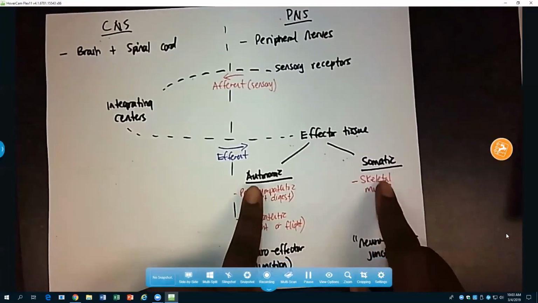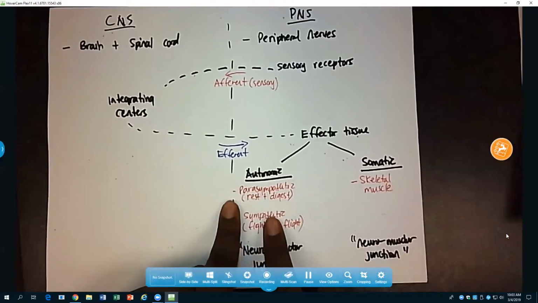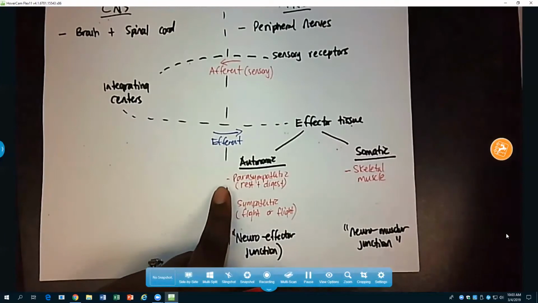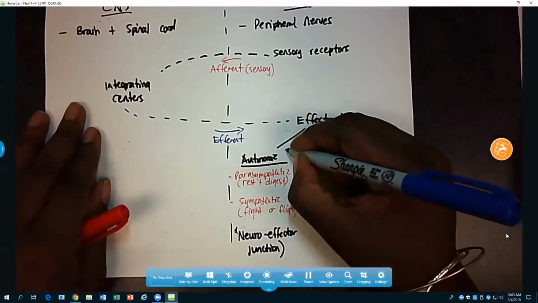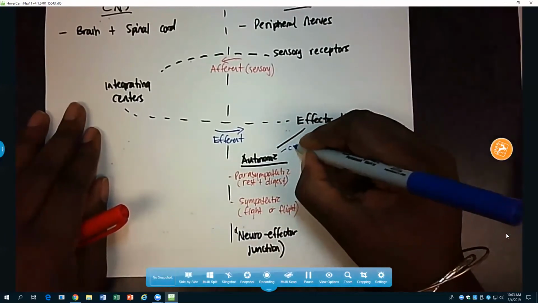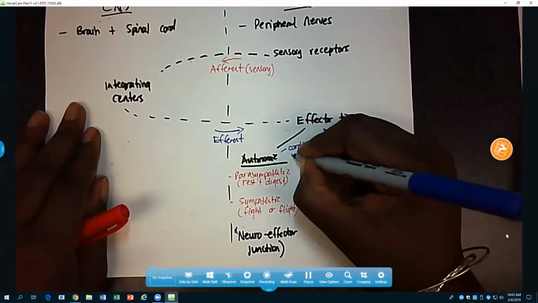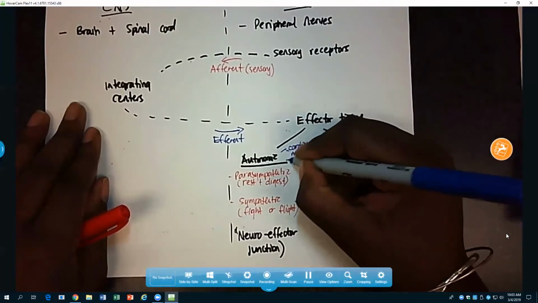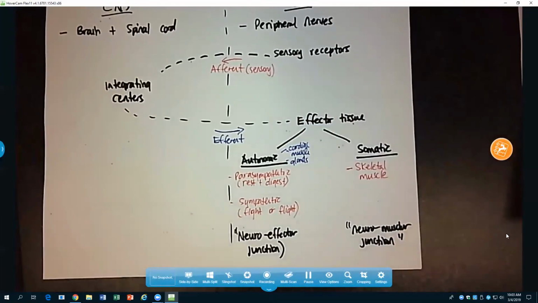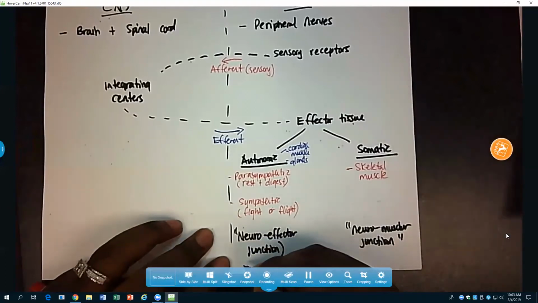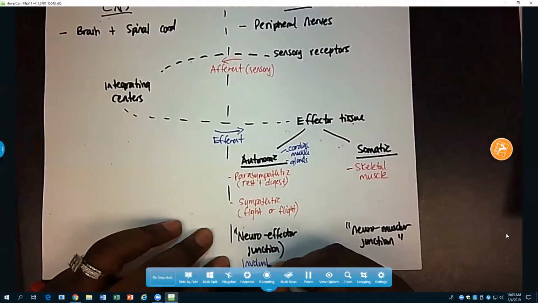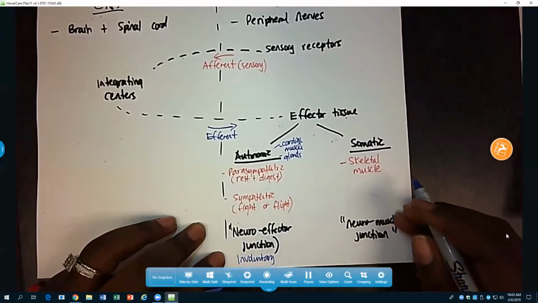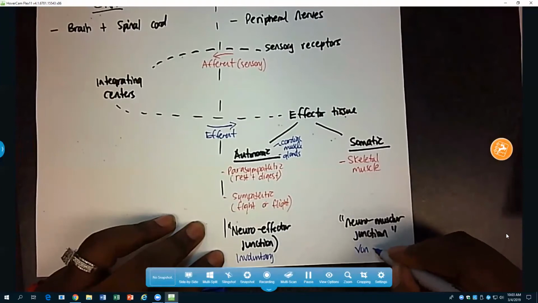We have two types of effector tissues: the autonomic effector tissues, which are cardiac muscle, glands, etc., and would be skeletal muscle on the somatic side. The autonomic system is involuntary, which means we cannot control it. And then the somatic side is voluntary.